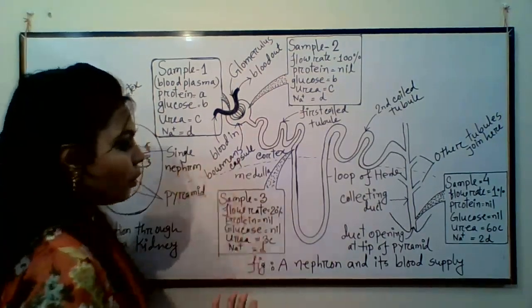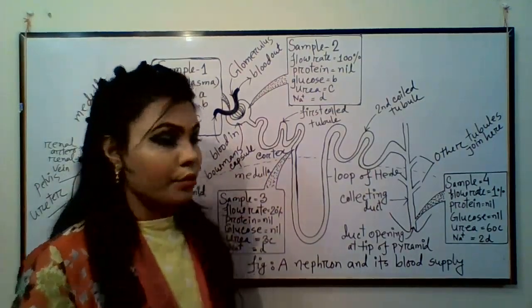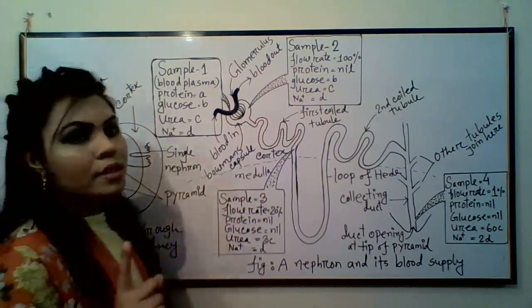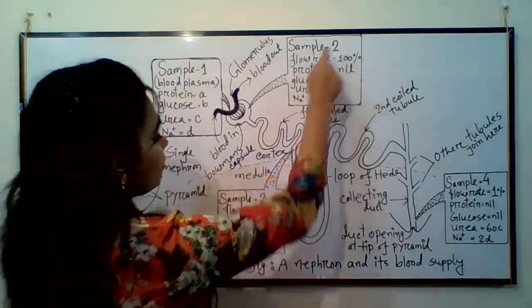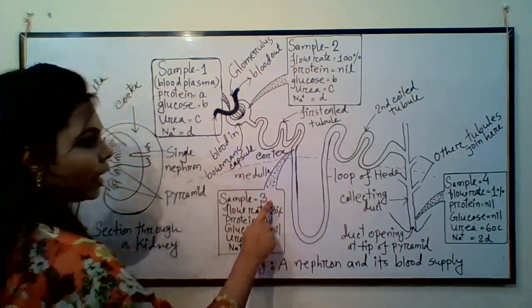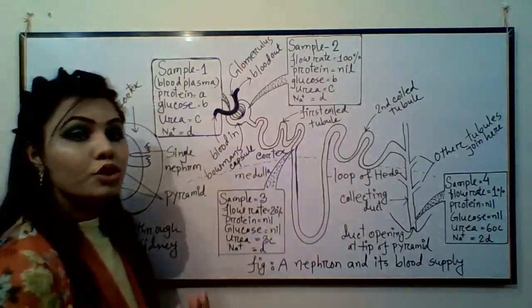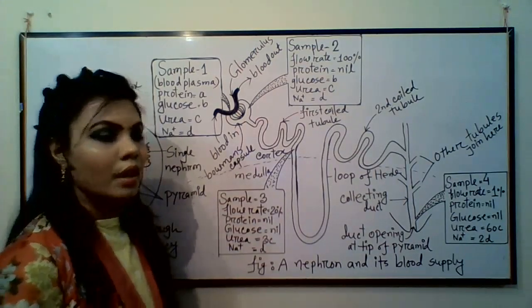Today's topic is the ultrafiltration in the nephron. That's why there are four samples: sample 1, sample 2, sample 3, and sample 4, to show the result of what happens in the nephron.